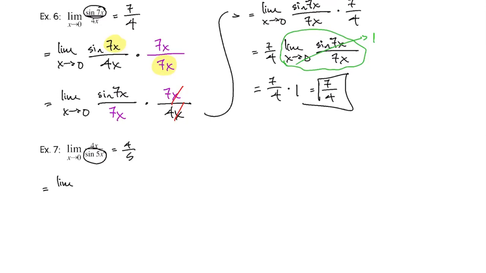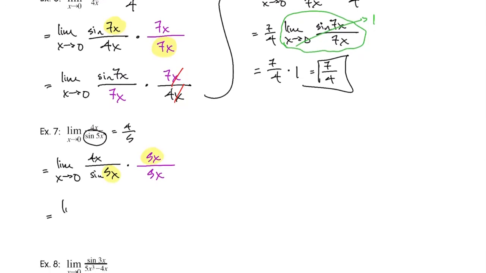So let's see, limit as x approaches 0 for 4x over sine 5x. And what should I be multiplying here? What is our fancy way of saying 1 that might work? Yeah, 5x over 5x sounds good to me, because here is the 5x that is sort of on the other side of that fraction line.